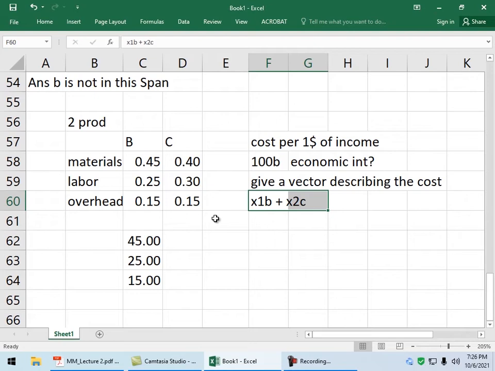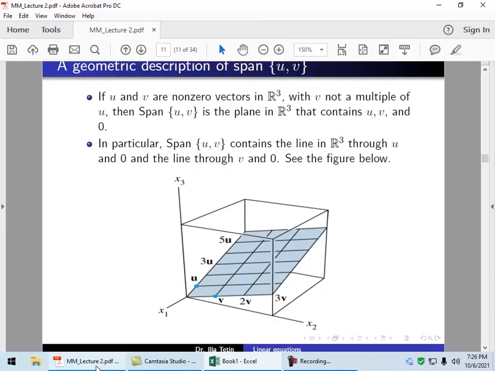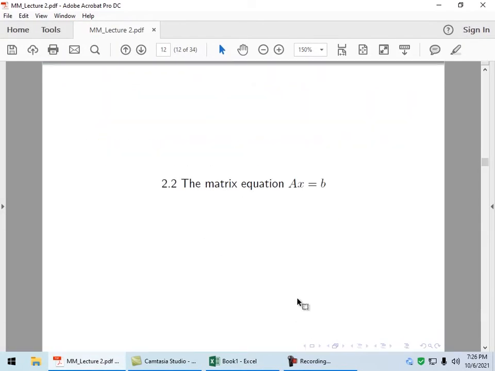This is pretty easy, as you can see in this example. All right. Any questions about this and the previous material? If not, then let's continue to matrix notation.